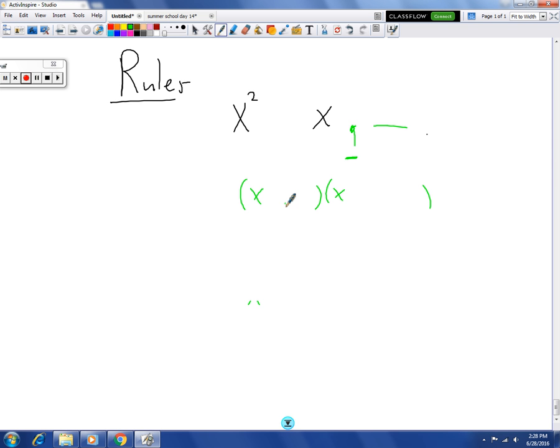Okay. So how are you going to know which? If your sign inside there is also negative, that means the larger number has to be negative. If your factors are 4 and 2, that'd be negative and that'd be positive. They have to be different. This negative right here says they have to be different.